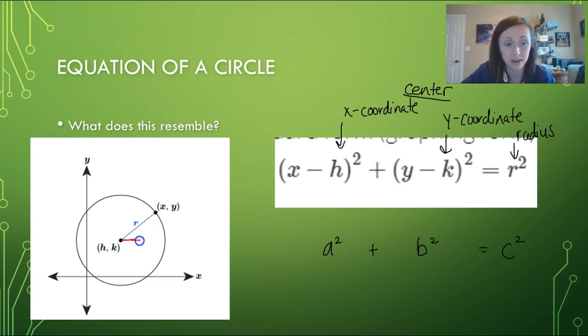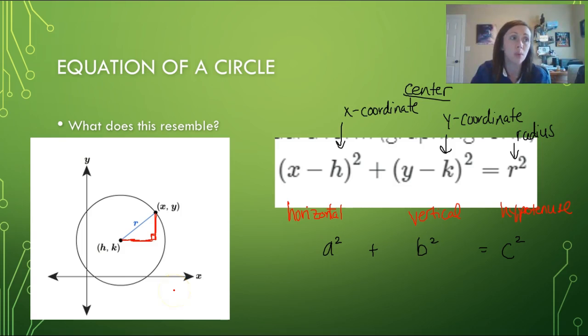If you draw the horizontal distance and the vertical distance, you have a right triangle, and the radius is your hypotenuse. So that's all that is happening with our circle equation: we just have horizontal distance, vertical distance, and the hypotenuse. That's where the equation for a circle comes from.